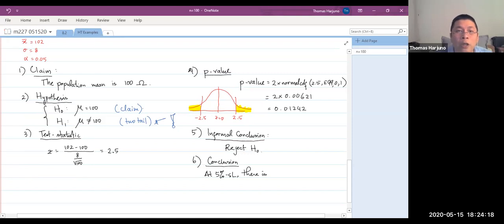Why do we do 2 times normal CDF? Because of two tails. When I compute this normal CDF here, that's only the area of one tail, right?